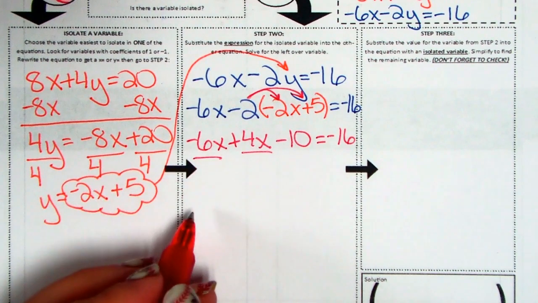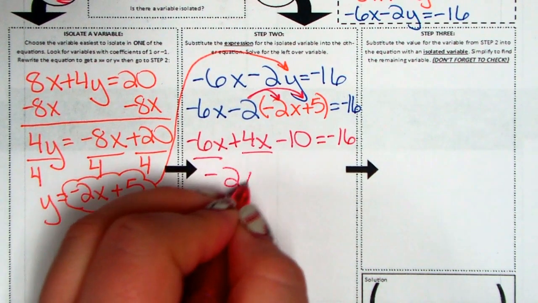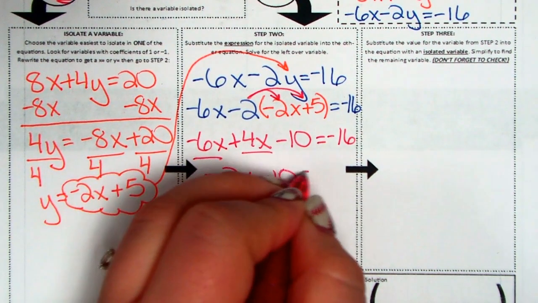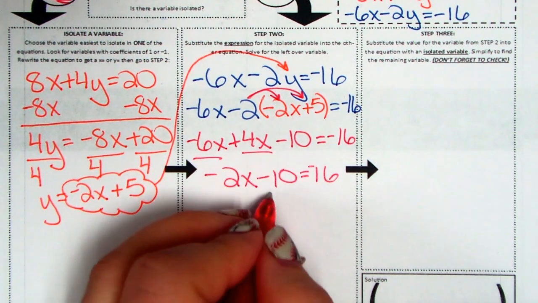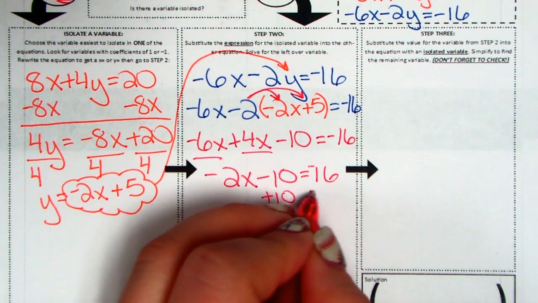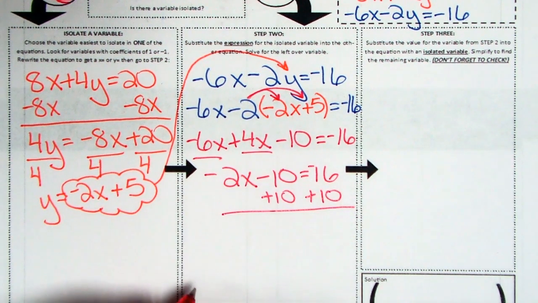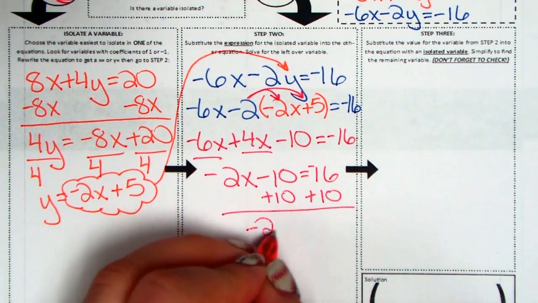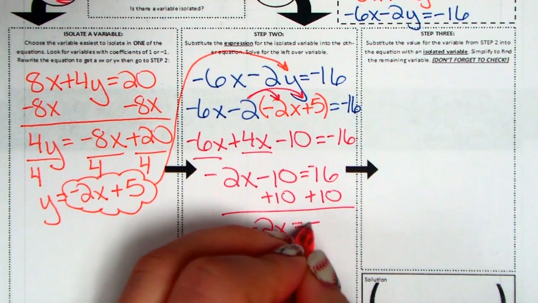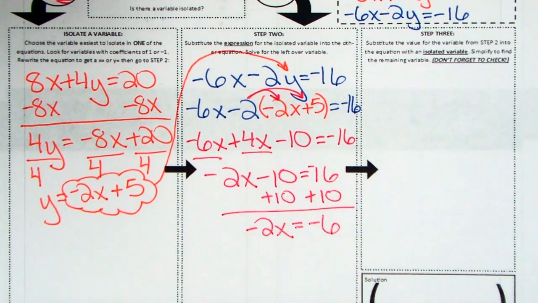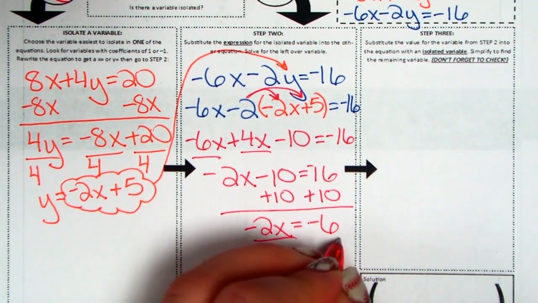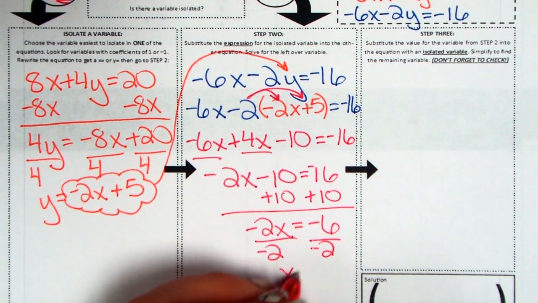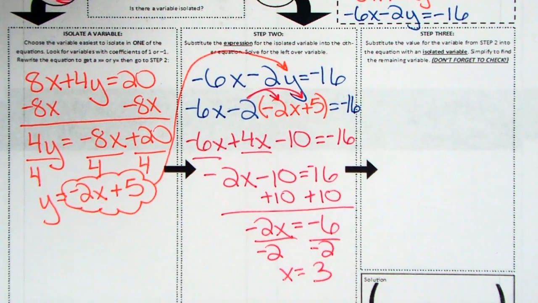Combine like terms. Negative 2x minus 10 equals negative 16. Then we can add the 10 to both sides, giving us negative 2x equals negative 6. And finally, we can divide by negative 2 on both sides, giving us x equals 3.